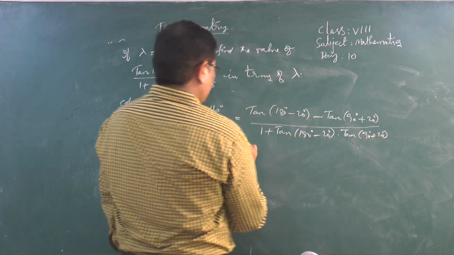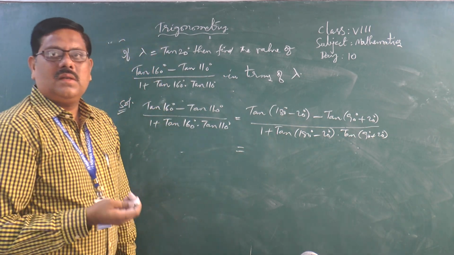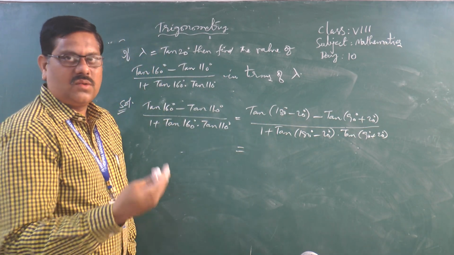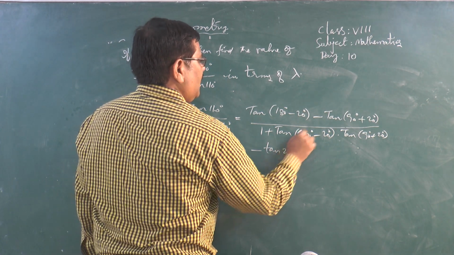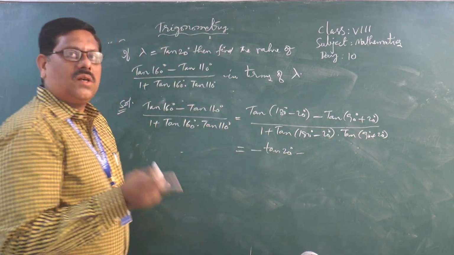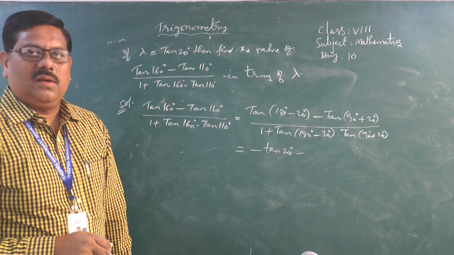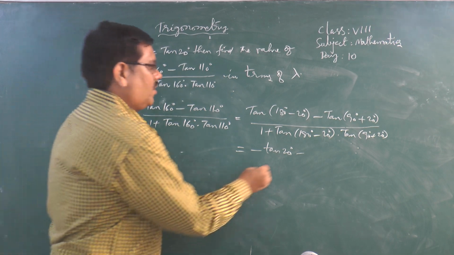Now, tan of 180 minus 20 is in the second quadrant, where tan is negative, so we have minus tan 20. Here of course minus tan of 90 plus 20; 90 plus 20 is also in the second quadrant, tan is again negative, so minus of minus gives plus.